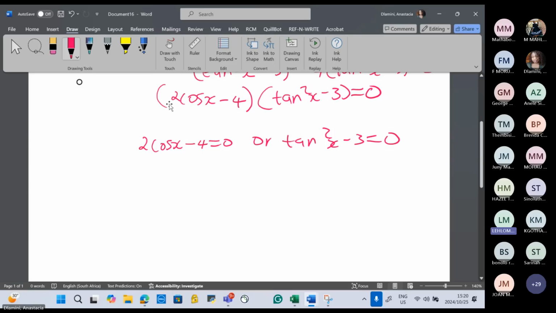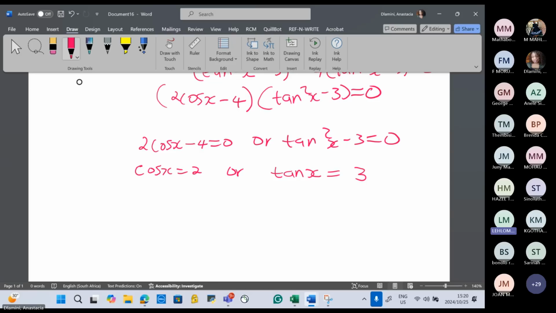Then cos x is equals to 2. And then tan x is equals to 3.